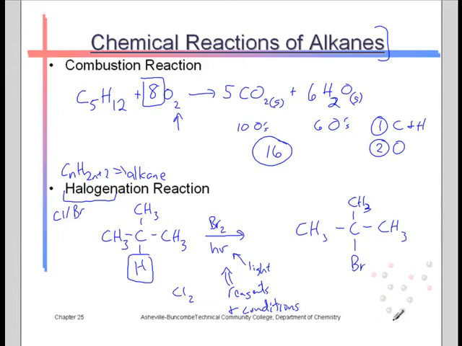Some minor products that are being formed from the breakdown of the reagent, I'm not so concerned with for this particular example. These halogenation reactions, there are a few rules that I talk about in my organic class that I'm not going to worry about here, honestly. All I want you to be exposed to is the general idea that a reaction occurs between an alkane and either one of these halogens, as long as there's some extra condition like light, and actually another reagent that would work.